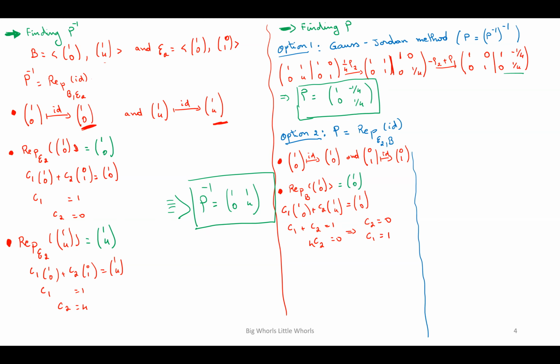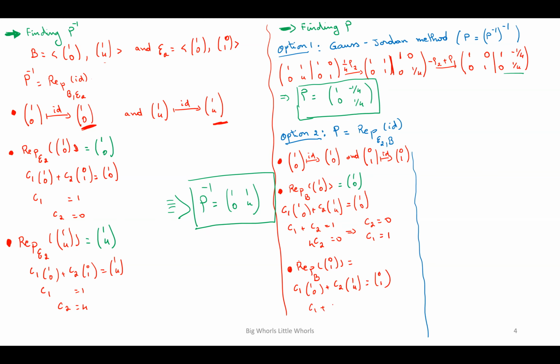Let's do the same thing for the second vector. The representation of the second vector E2, (0, 1), with respect to B: we have C1 multiplied by (1, 0) plus C2 multiplied by (1, 4) equals our vector (0, 1).